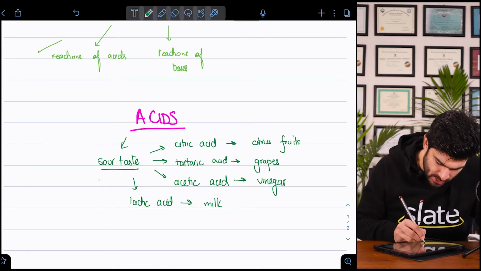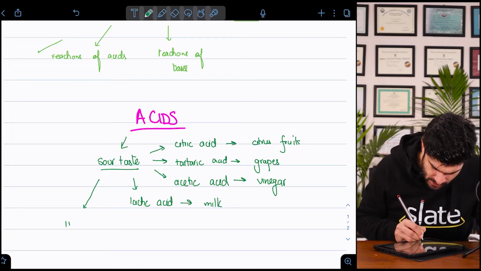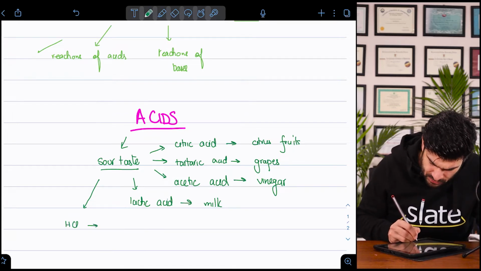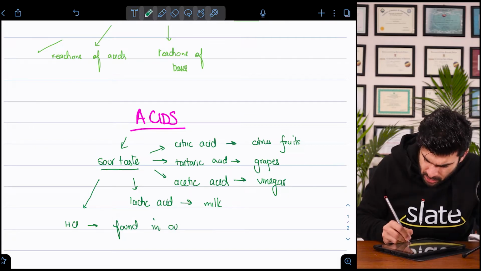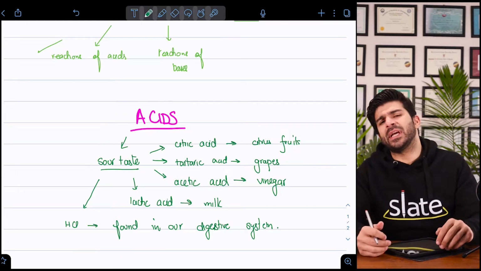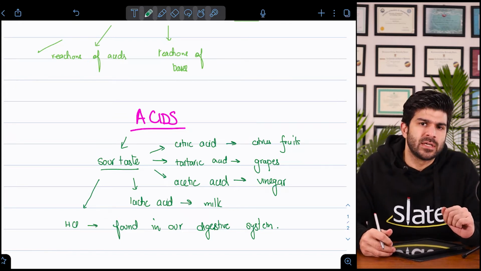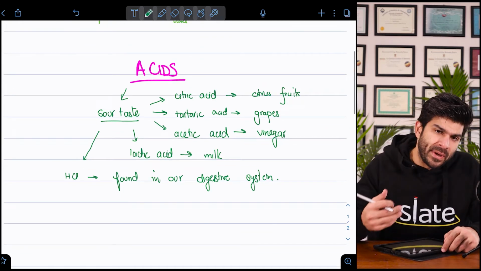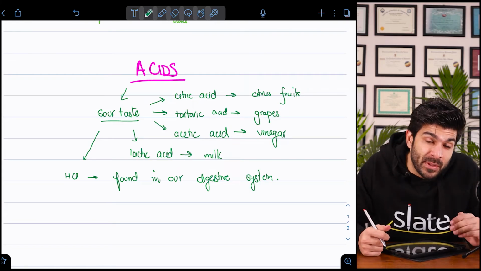And a very important acid, HCl, which is found in our digestive system. So that is what we know about acids, that acids have a sour taste. There are other properties which we will be talking about.